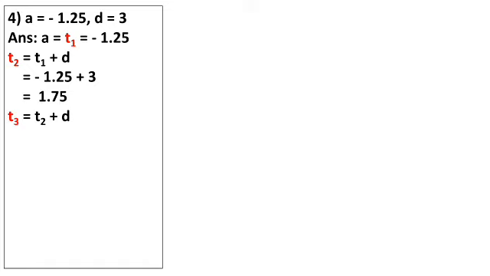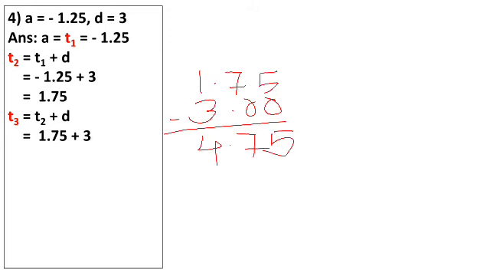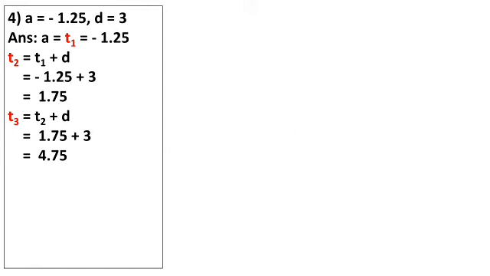T3 equal to T2 plus D. T2 value is 1.75 we got, plus D value is 3. So 3 will write in the decimal 3.00 and we'll add the 1.75. We get 4.75. T4 equal to T3 plus D. T3 we got 4.75 plus D value is we have 3.